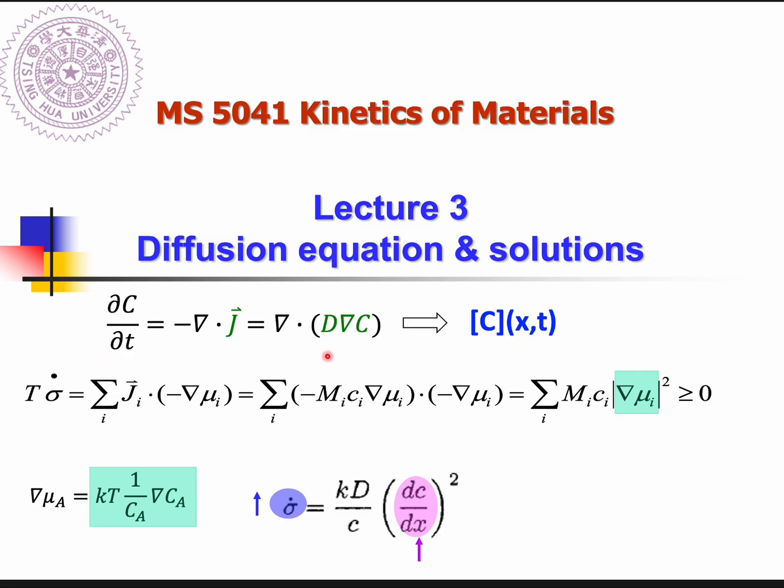As long as we solve this and get the solution for the diffusion equation, we will know how the concentration of diffusing atoms changes with location and time. Then we substitute this concentration into the expression, and we can successfully estimate the entropy production rate per volume. So this is why we need to learn how to formulate the diffusion equation and get its solutions.